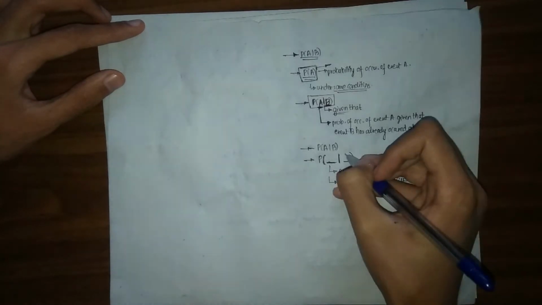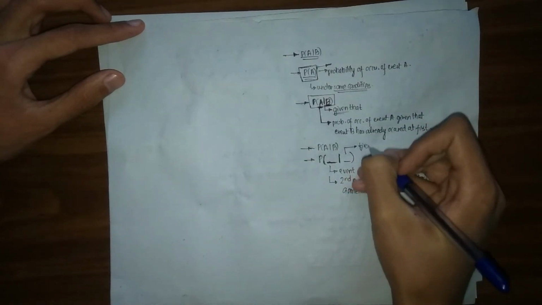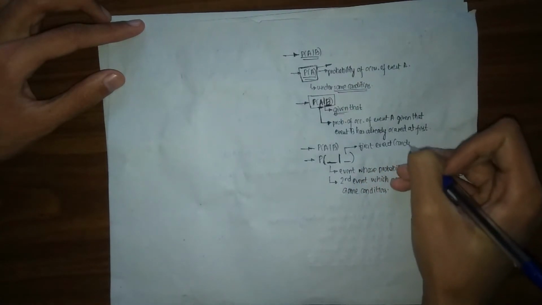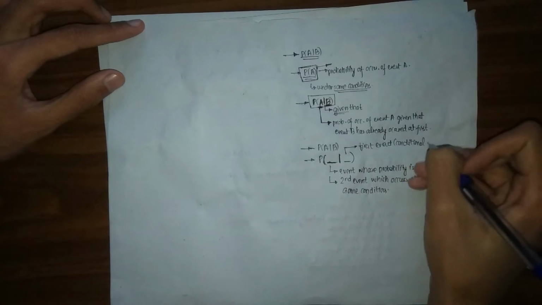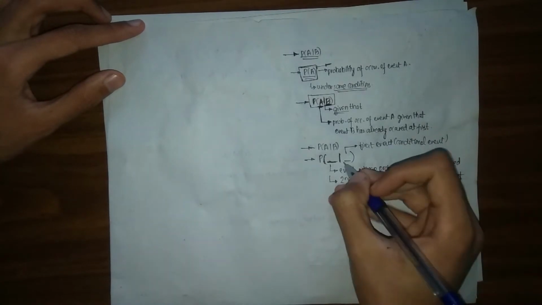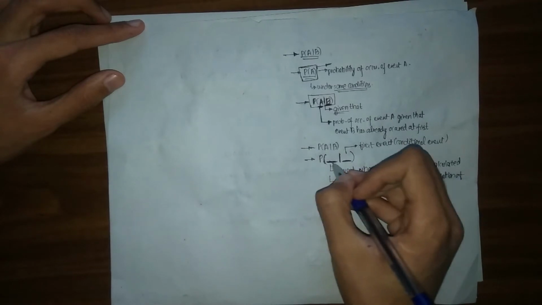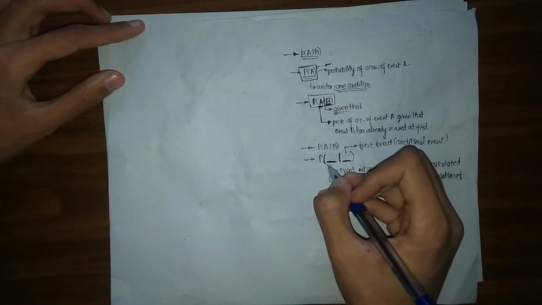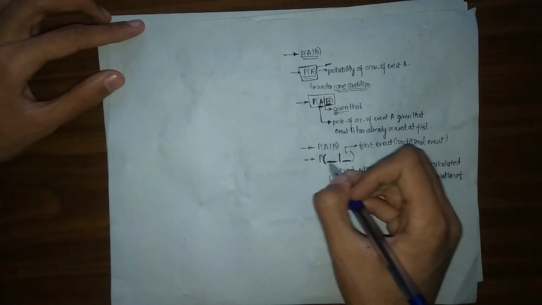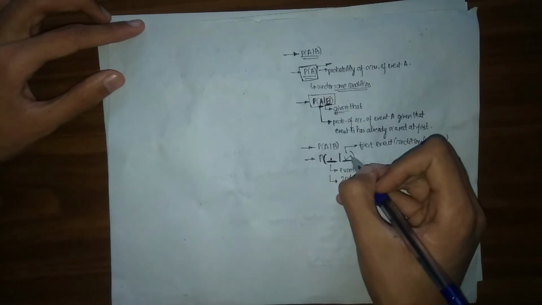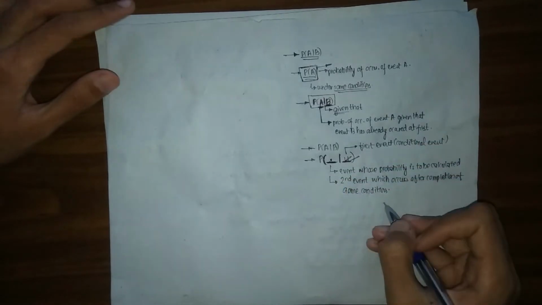After the sign goes our first event, or simply our conditional event. So in conditional probability, this event will occur at first, and we'll be calculating the probability of occurrence of the other event after this conditional event has occurred. That's our logic behind conditional probability.